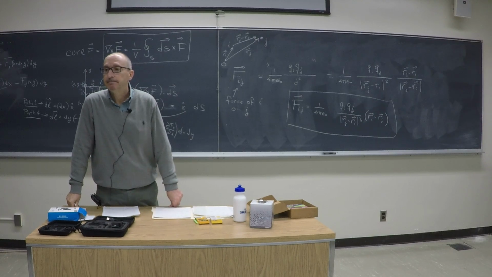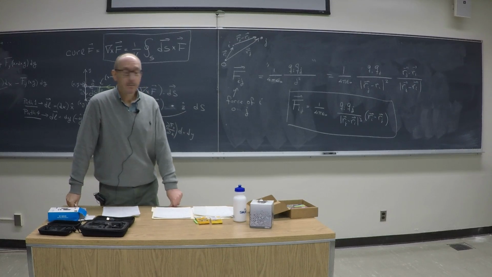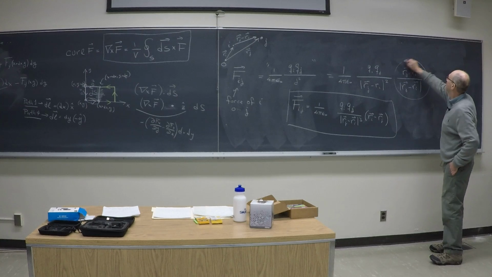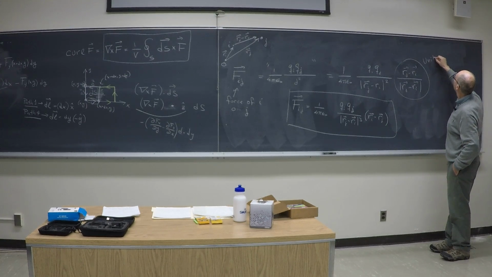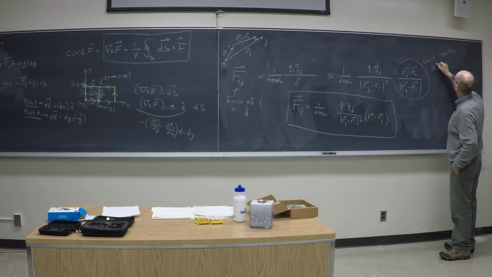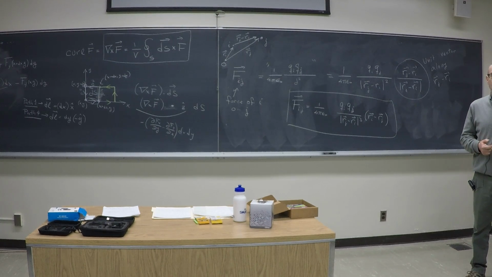Yes? The last part of the equation, where is it coming from? Anytime that you have any vector, whatever, you just divide by its magnitude and you produce a unit vector.